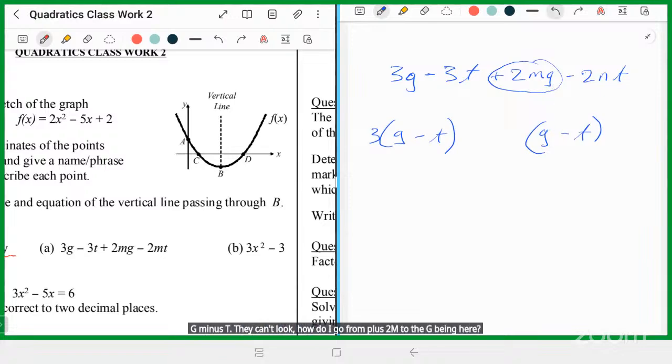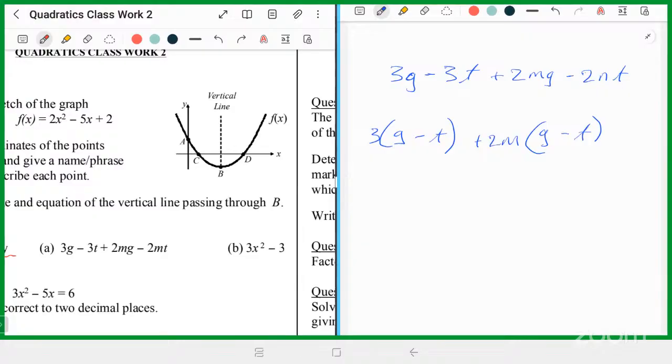It means that I have factored out plus 2m down here. And you can check it because plus 2m times this is equal to that. And also plus 2m times this negative t is equal to that. So you can always just do a quick rough check as you go.